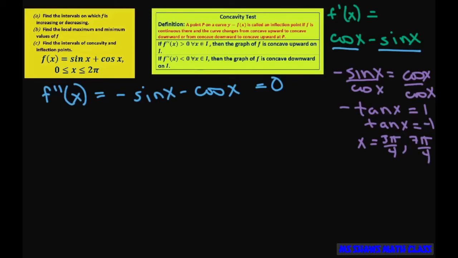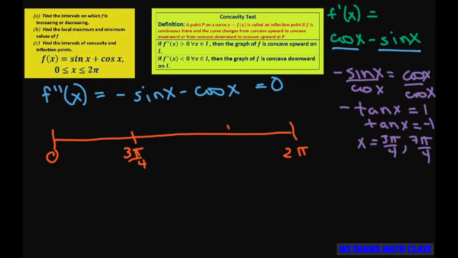Now let's do a sign diagram again and test for concavity. So we have 0 to 2 pi, and we're going to put 3 pi divided by 4 and 7 pi divided by 4.